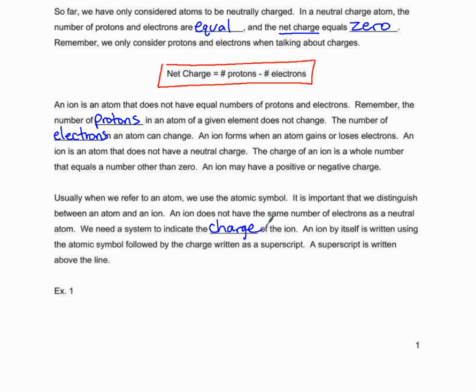An ion by itself is written using the atomic symbol followed by the charge, which is written as a superscript. Remember, a superscript is written above the line. It's not an exponent, but it is up there like an exponent would be.